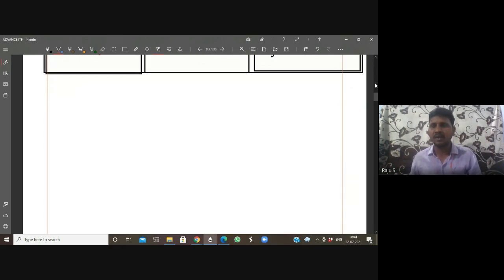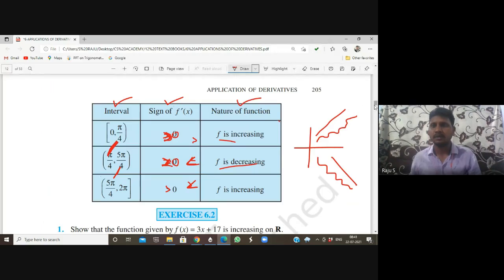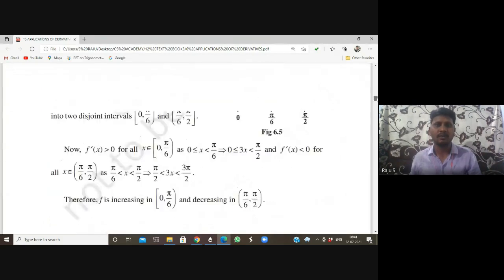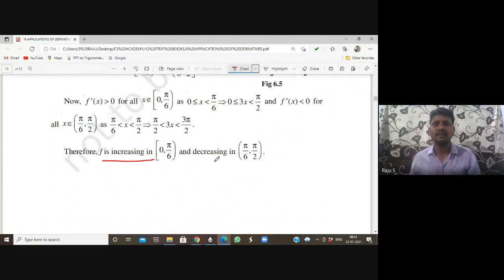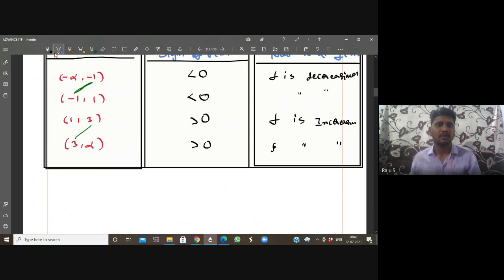Therefore, what shall we write finally? You have to write the steps like this. Finally, you have to conclude: therefore, f is increasing and decreasing like that. Here we can write therefore, f is increasing in the interval minus infinity to minus 1, minus 1 to 1.